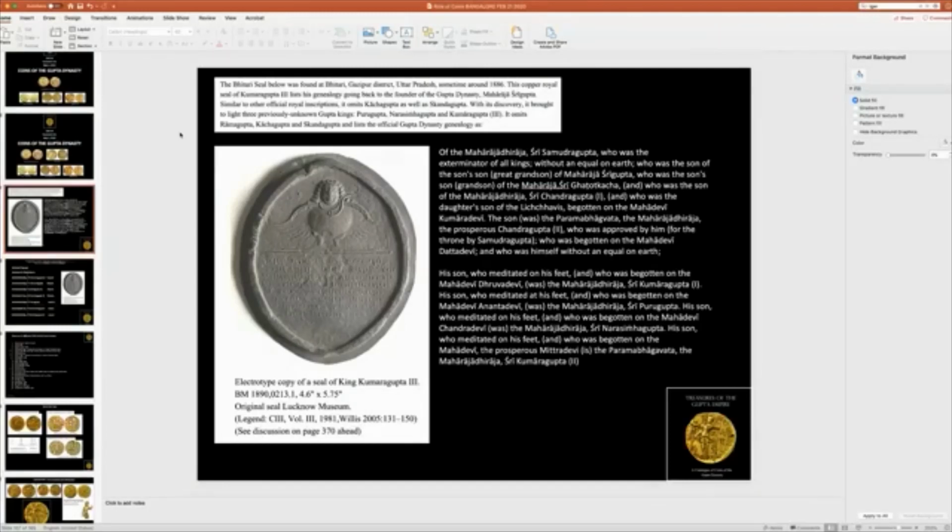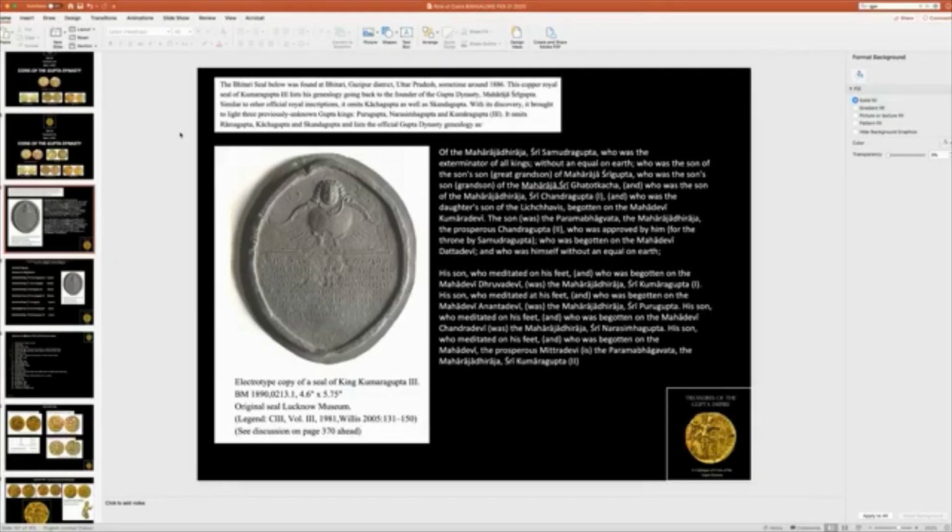This is an electrotype copy of a seal of King Kumaragupta III. This was found in Bhitri in Ghazipur district in Uttar Pradesh in 1886. It is a copper royal seal of Kumaragupta III, and it lists the genealogy.